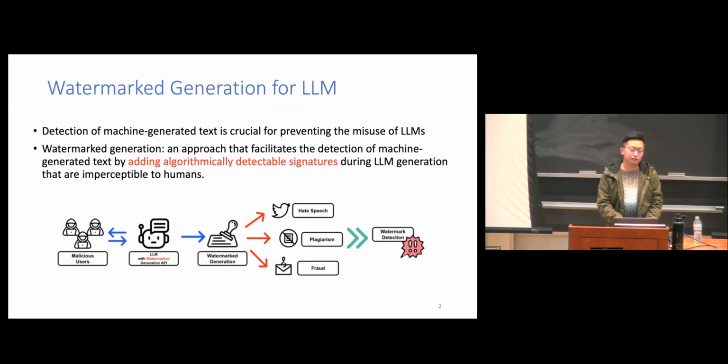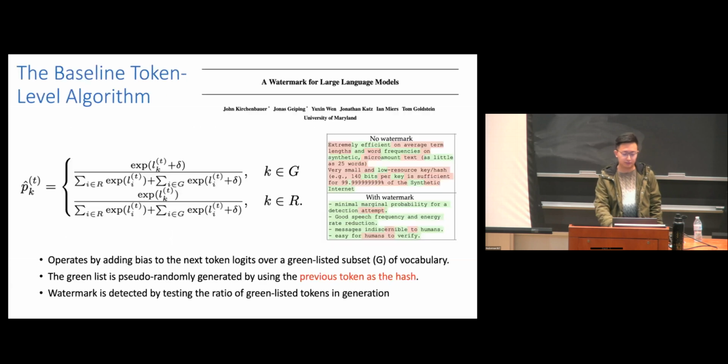For example, if some malicious user uses the LLM to generate fraud or plagiarism, then we can detect it post hoc using some detector. One method to facilitate the detection of machine-generated text is to add a watermark during generation, which is adding algorithmically detectable signatures during generation that are imperceptible to humans.